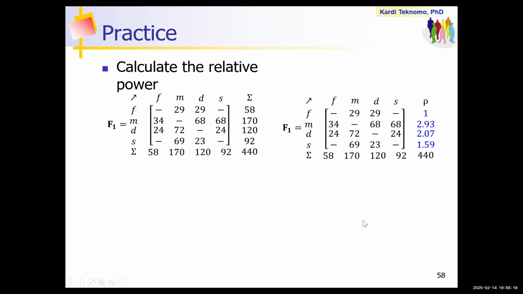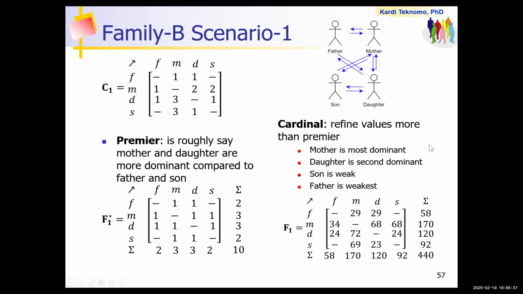The father has influence 1, and the mother is actually the strongest in this family. The daughter is 2 times, and the son is 1.5, almost 1.6 times. Compare this cardinal network with Premier. You will see Premier is rough.